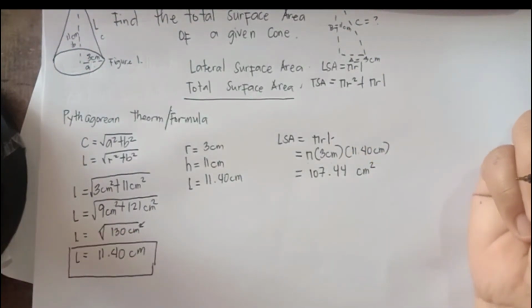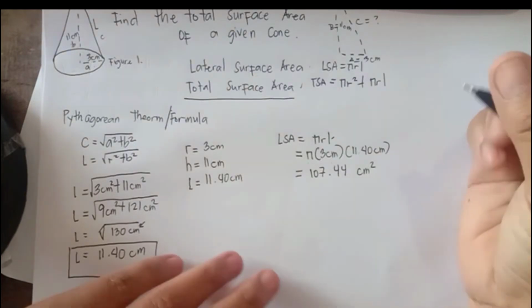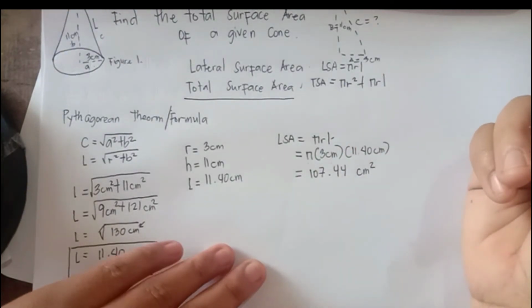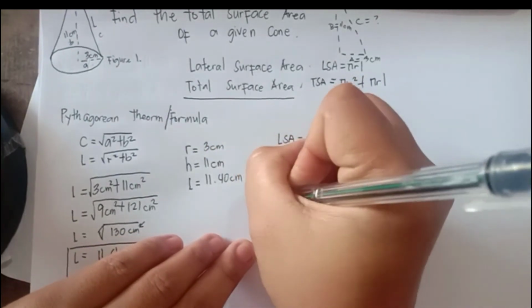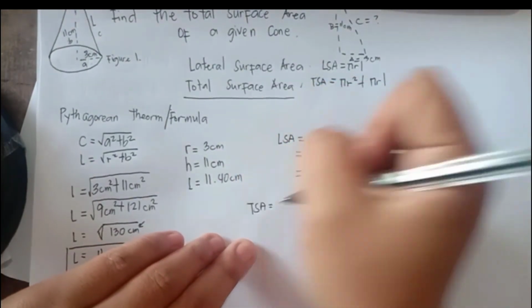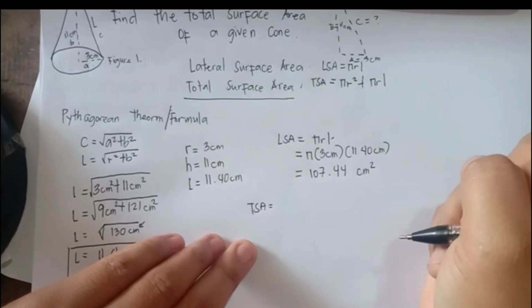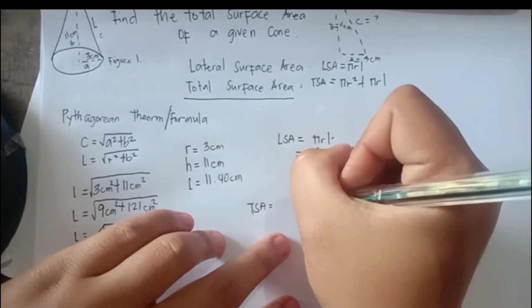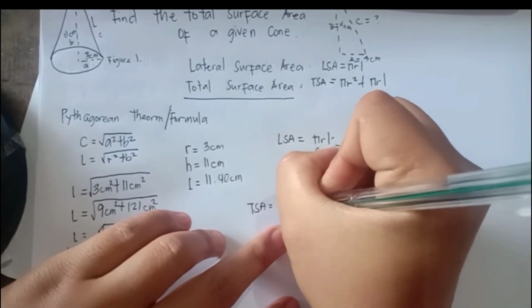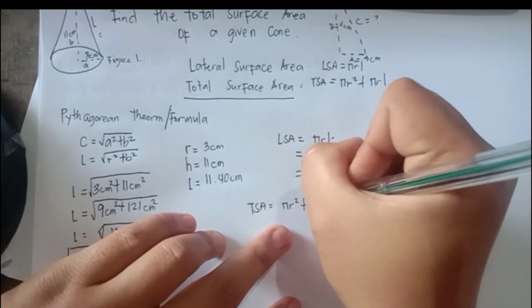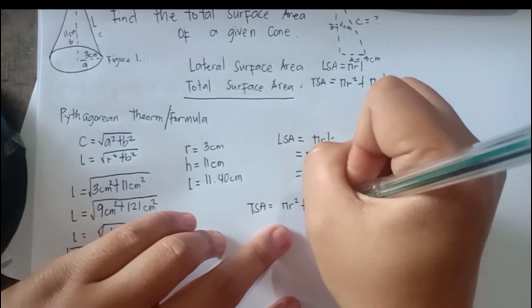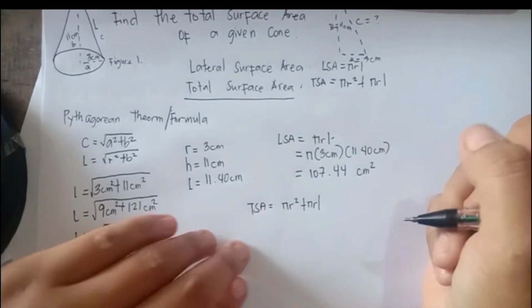Okay. Next, we have to find the total surface area. The total surface area is equals to pi r squared plus pi RL.